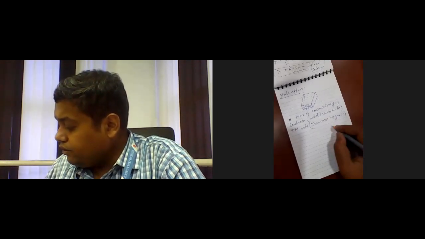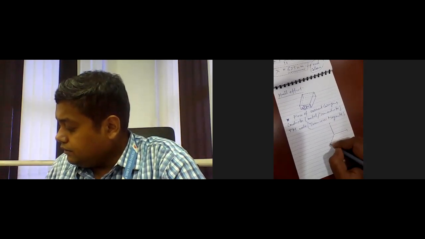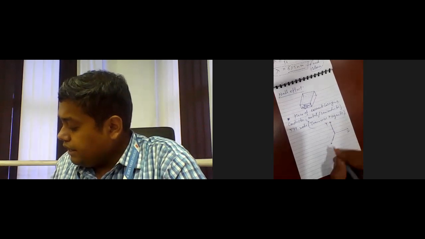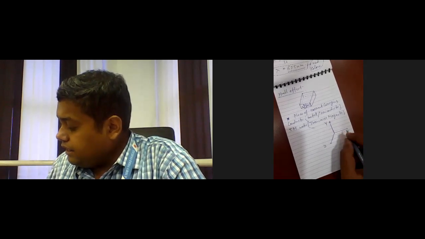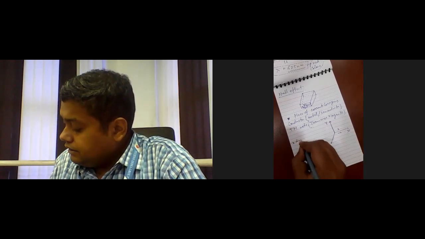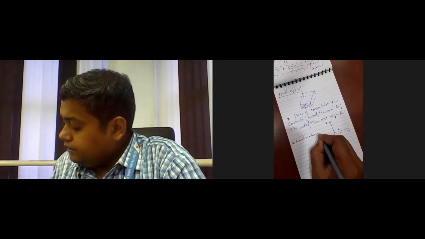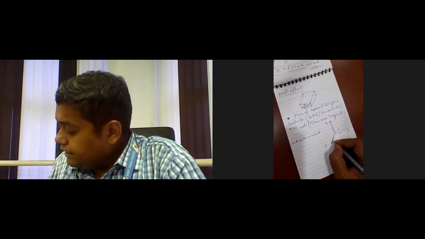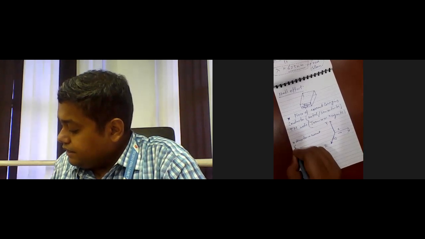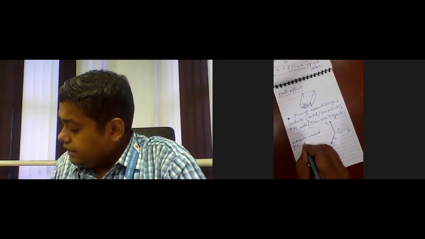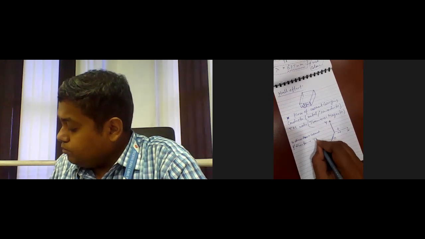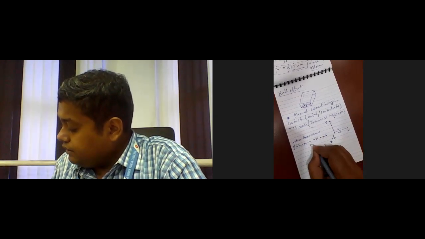If we draw the directions, this is X, this is Y, and this is Z. X is the direction of the current, and in the Y direction, we consider the transverse magnetic field.